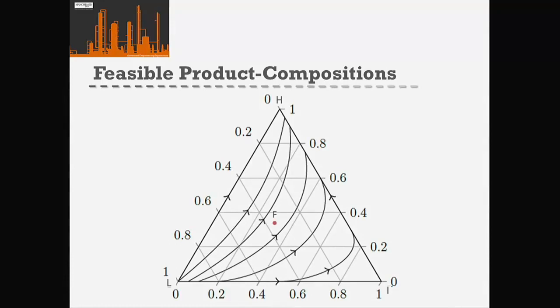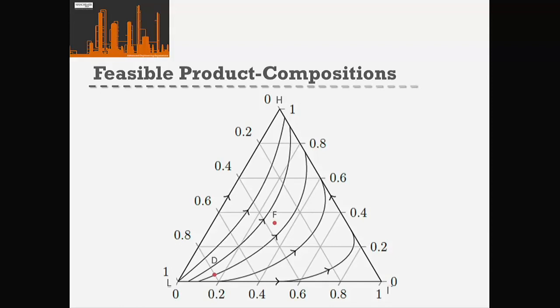So let's think about this feed position. What I just said is that through this feed, we can draw a straight line, and the ends of that straight line represent the top and the bottom products of a distillation column. But they also must lie on the same residue curve to satisfy the equilibrium.